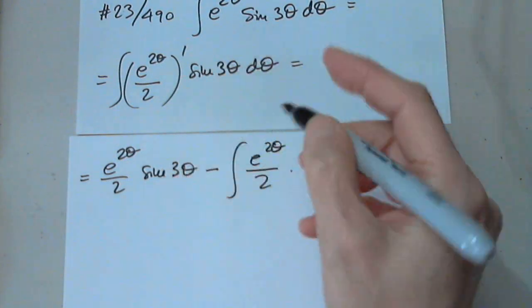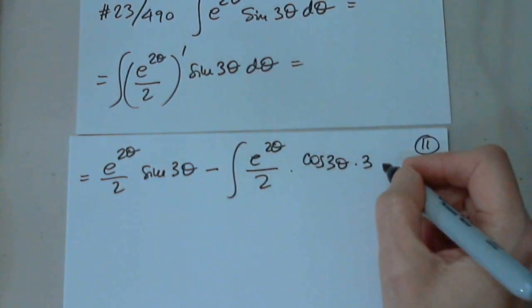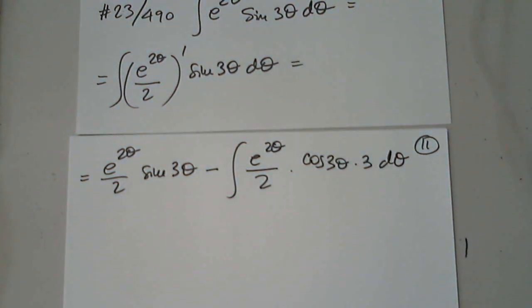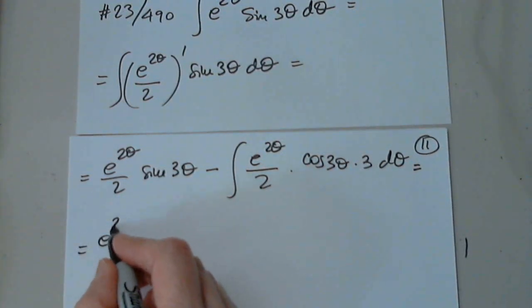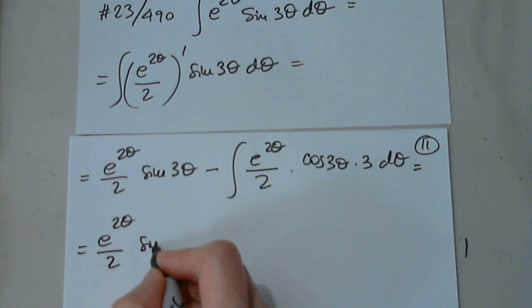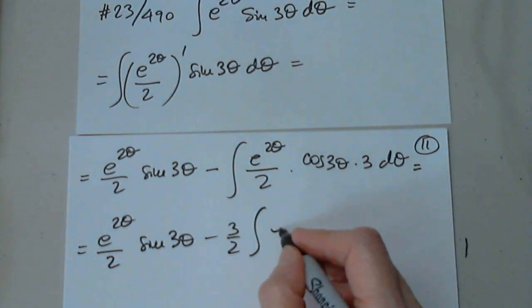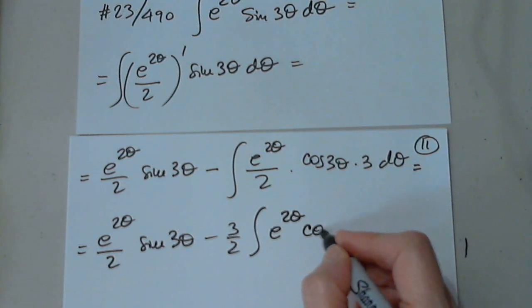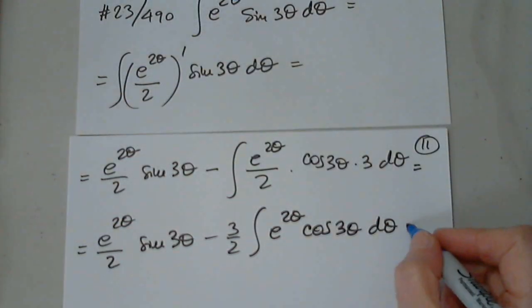When I differentiate this, I get cosine 3 theta times the inner function prime times d theta. So 3/2 will go in front. So e to the 2 theta over 2 sine 3 theta minus 3/2 the integral of e to the 2 theta cosine 3 theta d theta. Okay, I will play the same game one more time and you'll see what happens next.